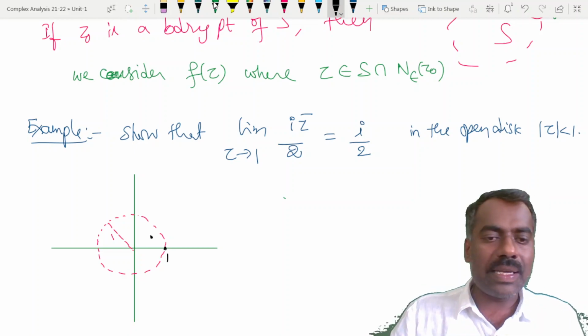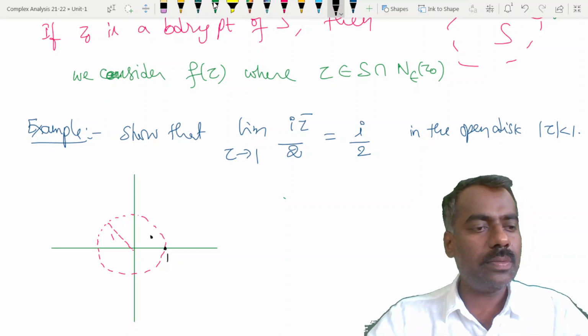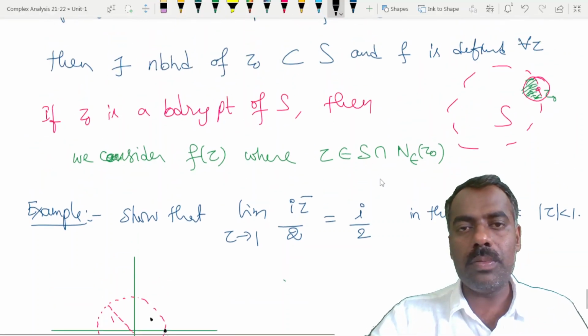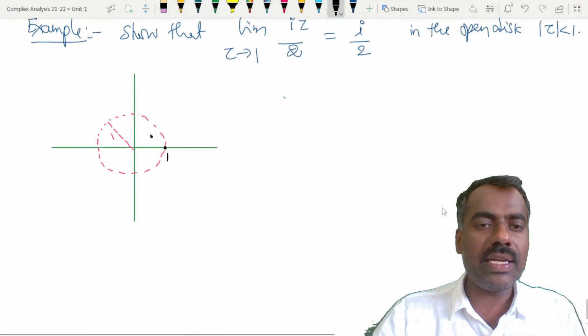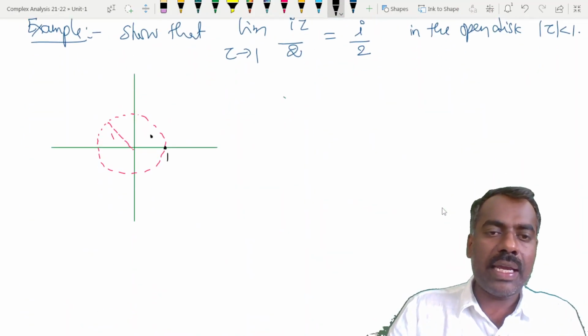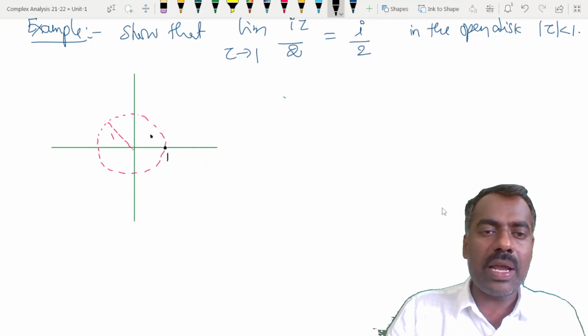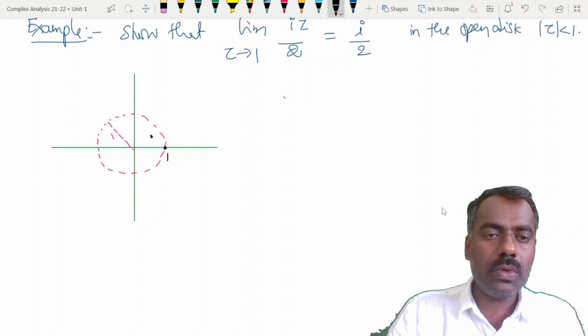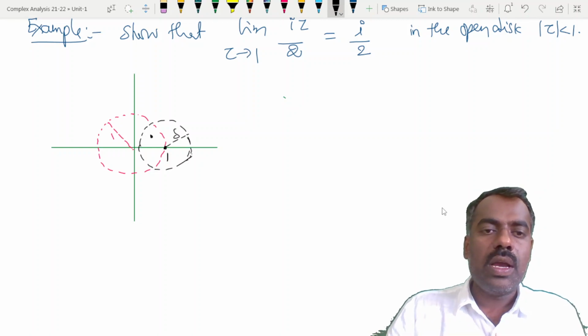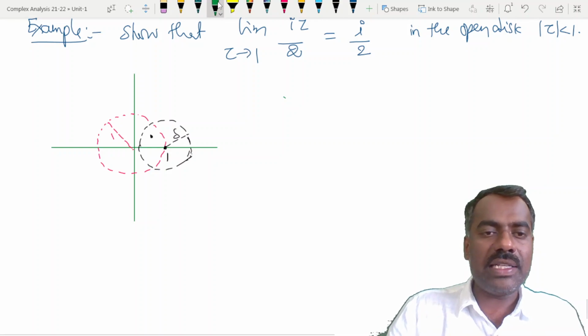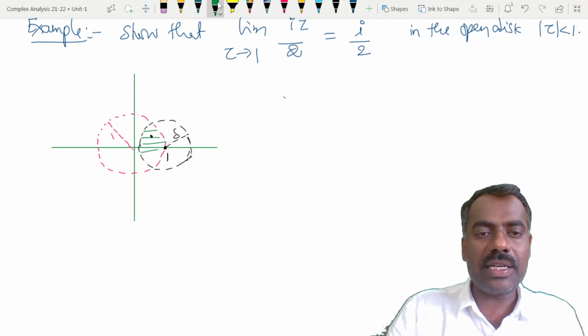And I will take some delta, because we want to talk about mod z minus z naught less than delta, right? So if I take a delta neighborhood around this 1, this is my delta, then for f we will consider only this much part. Is that clear?